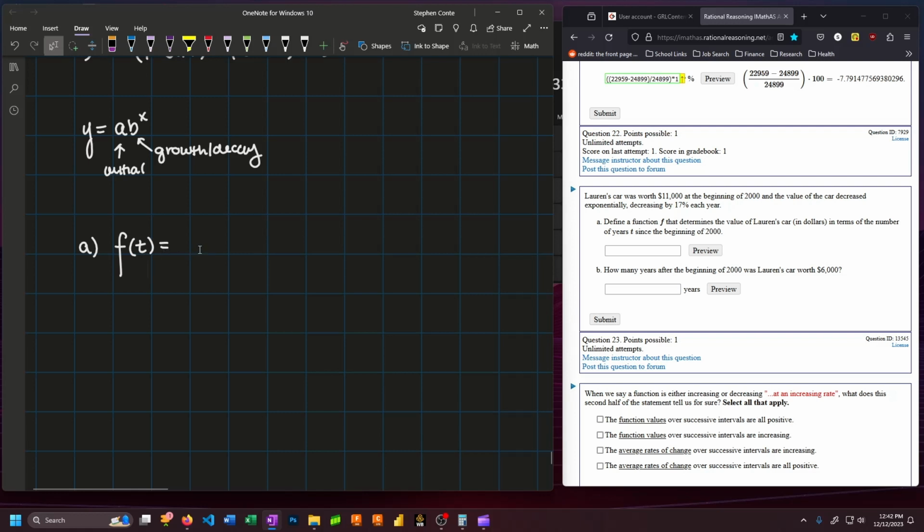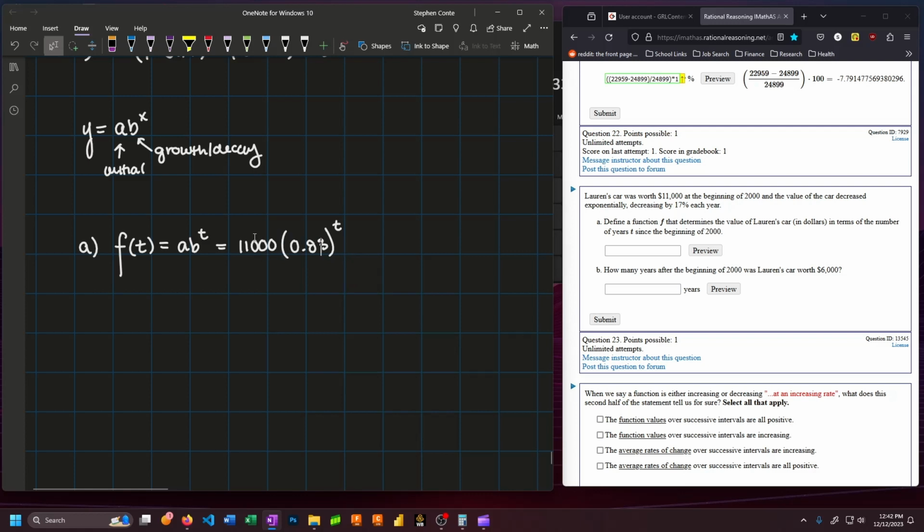So then we'll have some a, b to the t. We know what b is. We said that b is going to be 0.83, and the a is our initial value. The initial value of the car was $11,000. So $11,000 times 0.83 to the power of t. Because if I do 1 year, that's just 11,000 times 0.83.